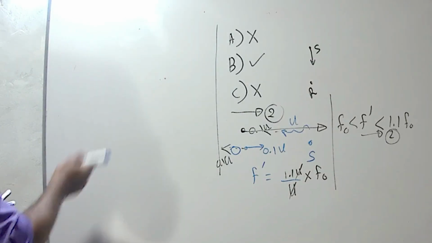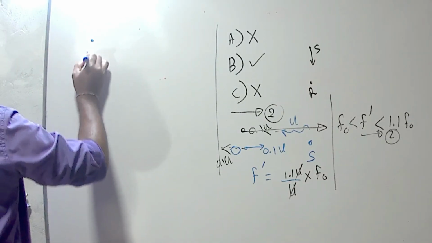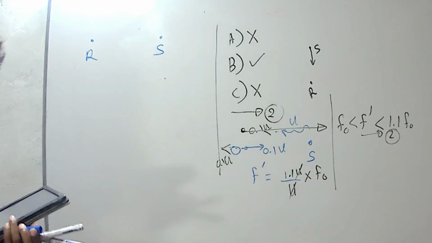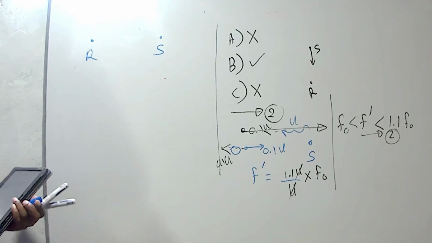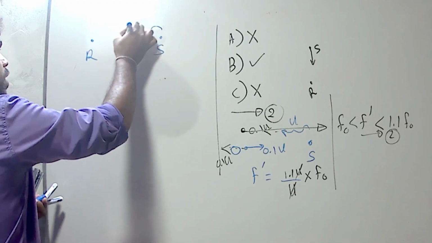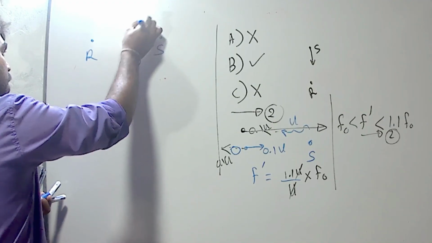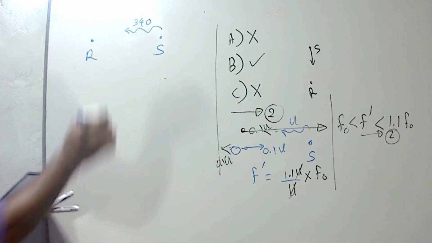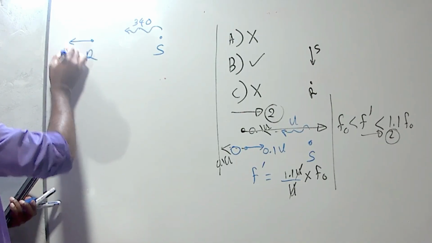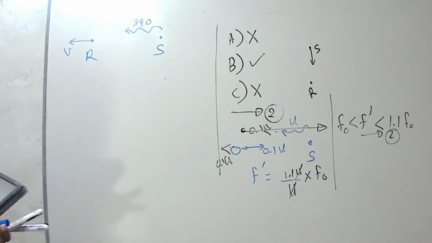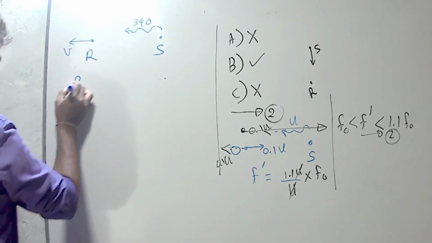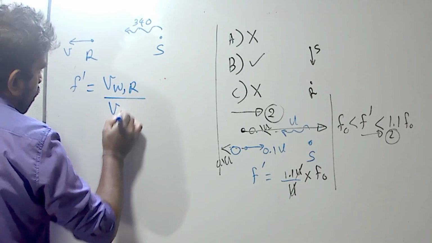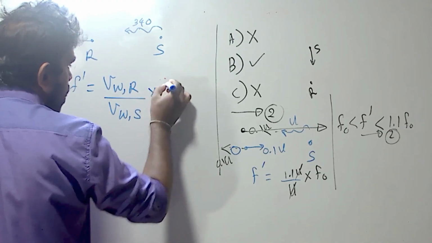Now I will consider receiver and source. Car is at rest, therefore the source is at rest, velocity of wave 340. Receiver is moving away from the car. I will consider the velocity as v.